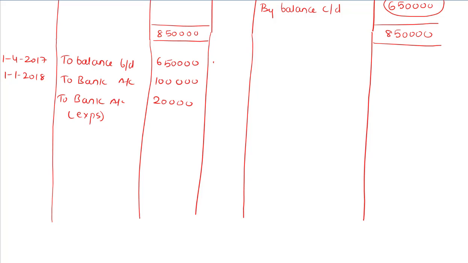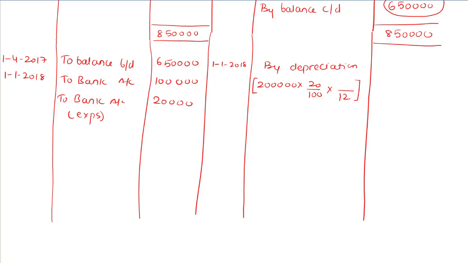So over here, on 1st of January 2018, by depreciation of one machine, one truck. So 2 lakh multiplied by 20% multiplied by 9 by 12.